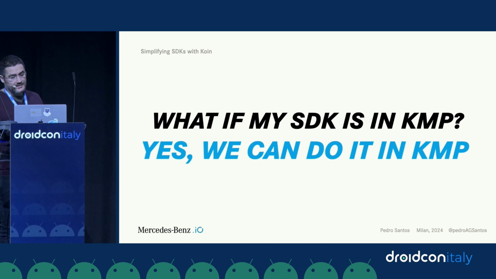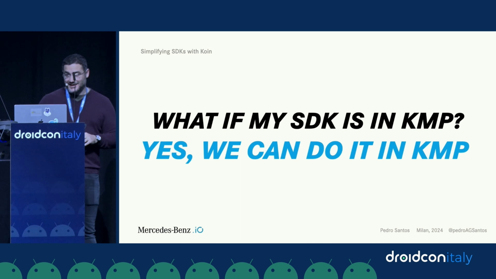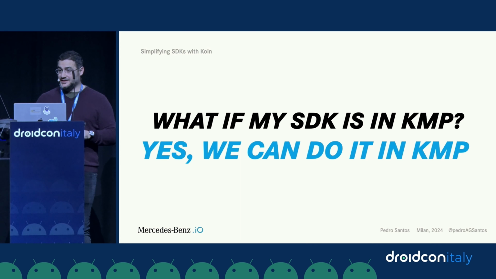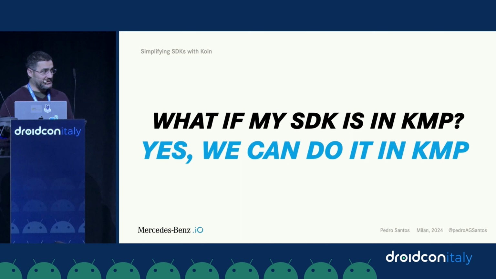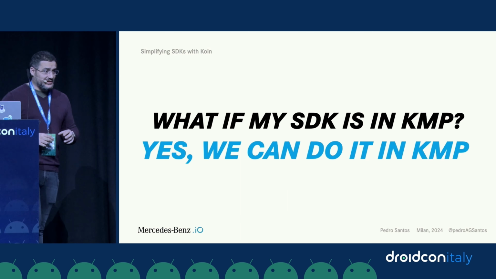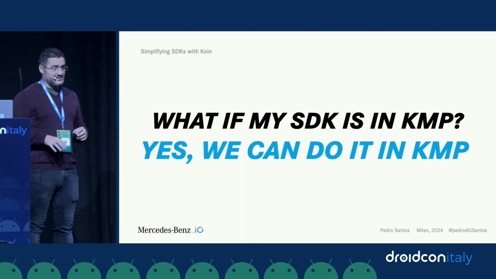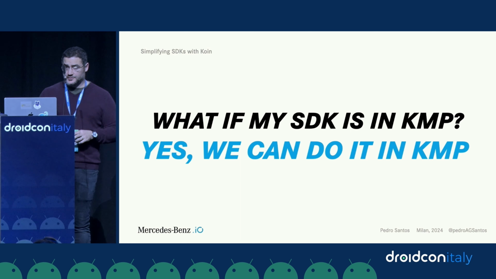So now, what if my SDK is in KMP? All right. So SDK was already complicated, right? And then you had KMP, that, I mean, someone in the morning actually showed KMP libraries, and he was saying that I just want to release iOS, and then I also want to release an Android SDK, and just to put this in CI is already very painful, right?